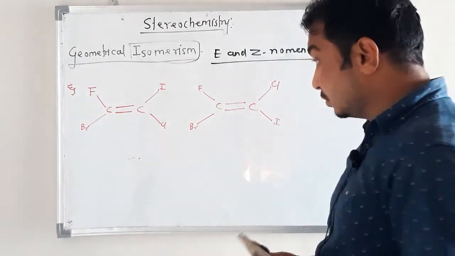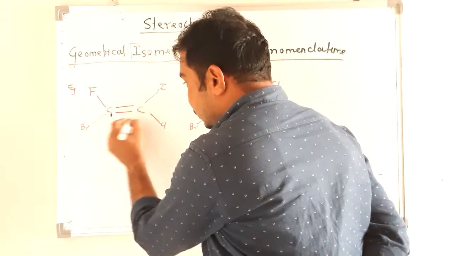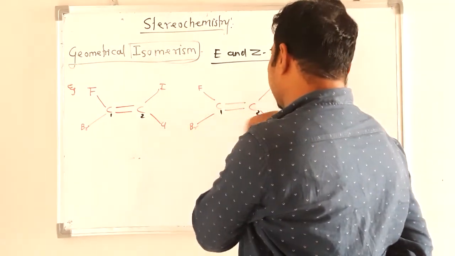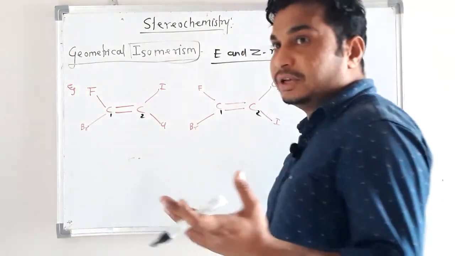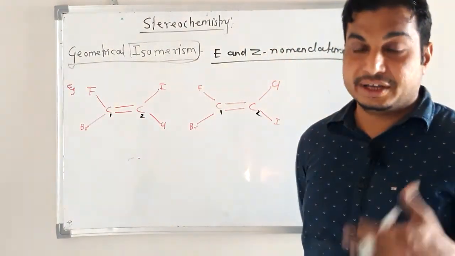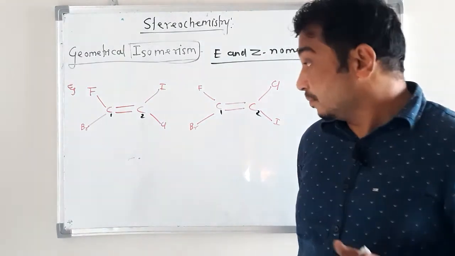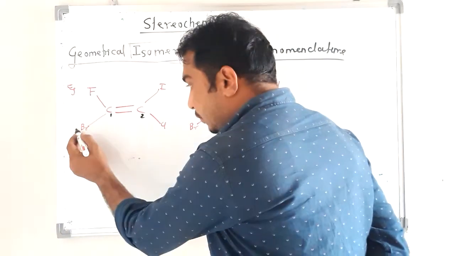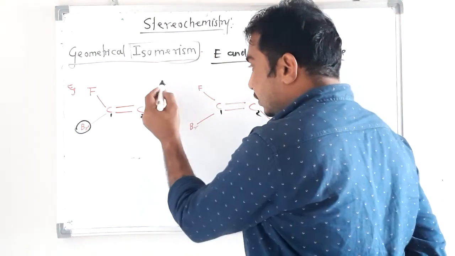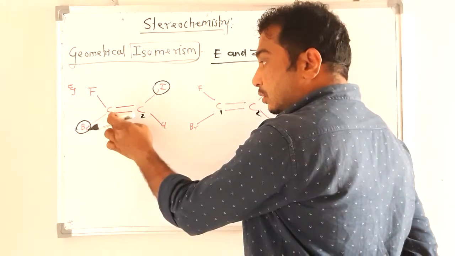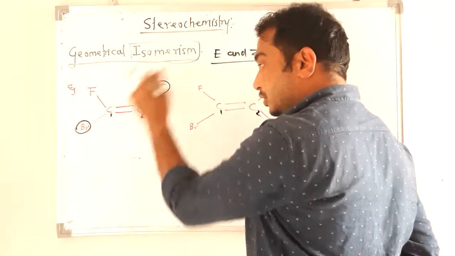What we have to do? Come to the first carbon of the double bond, first carbon, second carbon. On the first, which is bigger? Bigger means either in atomic number or ring size, group size or atomic weight. Okay, so bromine or fluorine, definitely bromine. On C2, iodine or chlorine, iodine. So on C1 this group is on the downside, on C2 the bigger group is on the top side, means opposite.